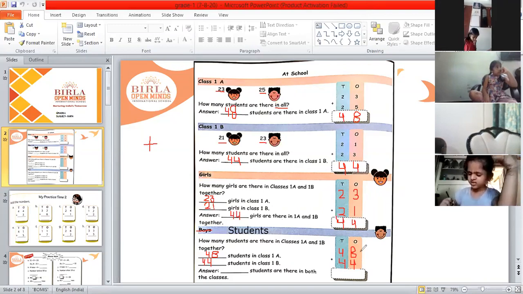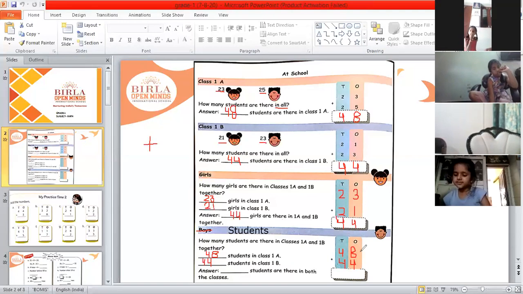Question 7. 48 plus 44. Tanvishree, please repeat again. 48 plus 44. Very good. So children, how you will read this question? 48 plus 44.